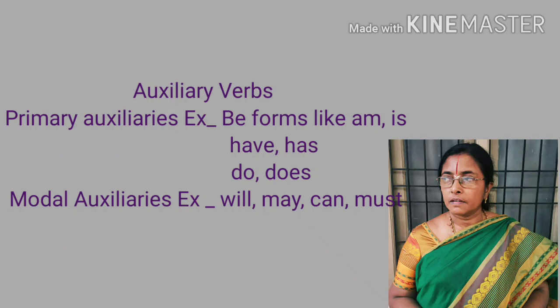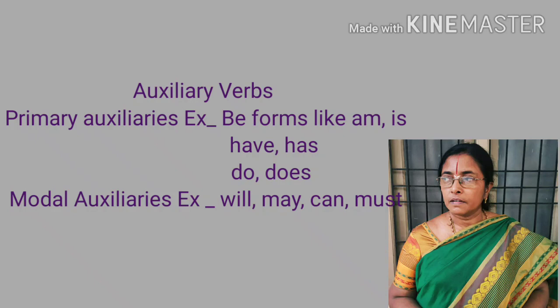As there is no other main verb, am is used as the main verb only. If you say I am teaching a lesson now, here teaching is the main verb and am is the helping verb. In this way, primary auxiliaries are sometimes used as main verbs and sometimes used as helping verbs also.